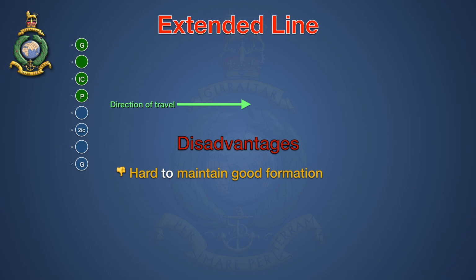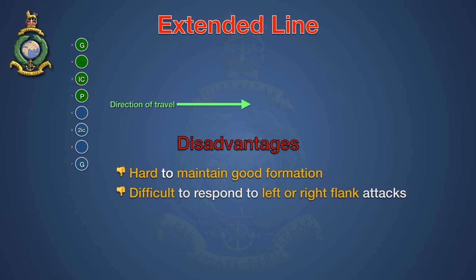It's not too difficult for people to start becoming out of line, so it's quite difficult to maintain that formation, particularly when people are concentrating ahead. They're not necessarily looking to their left or right and seeing if they're still level with the other members. So it's one of the disadvantages of extended line.